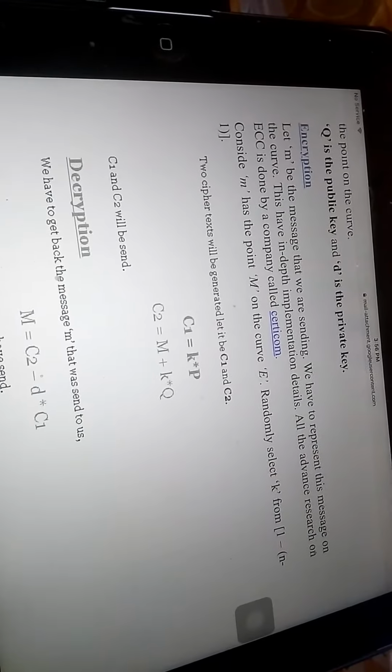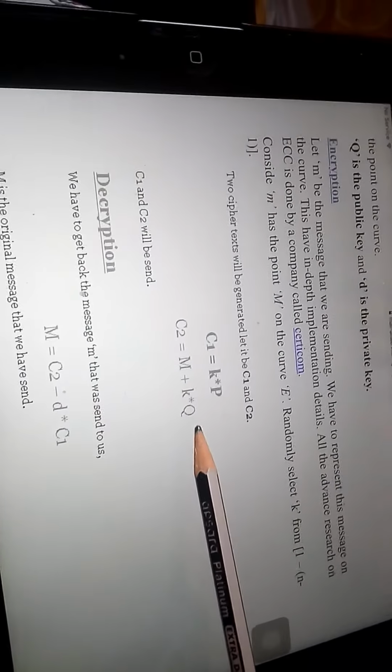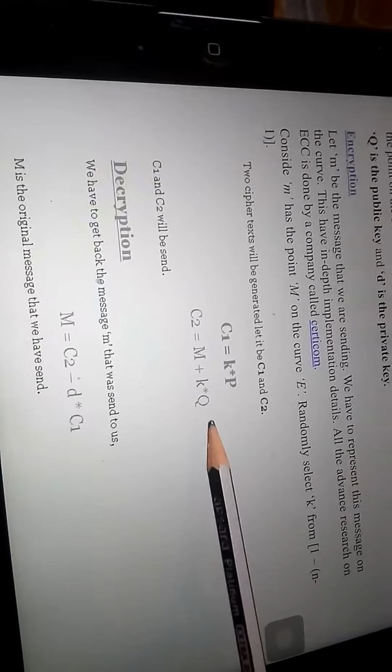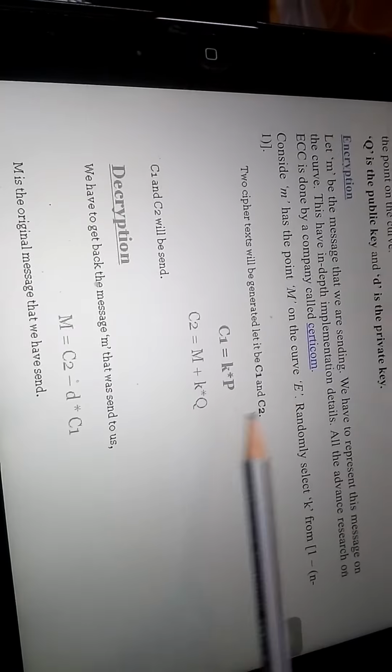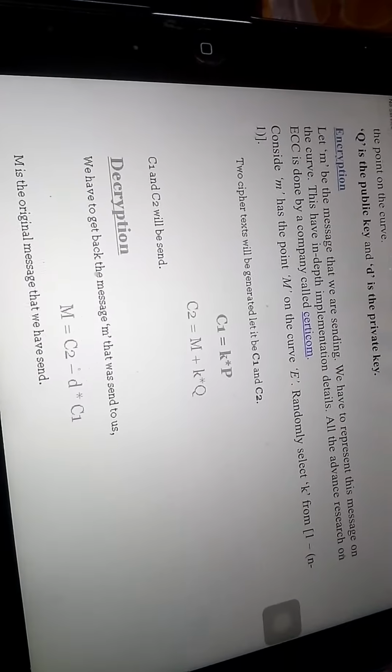So using the formula M plus K into Q, we obtain the ciphertext C2. And now we transmit the ciphertexts C1 and C2 to the receiver.